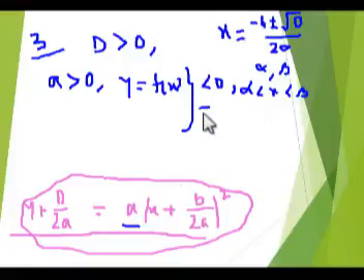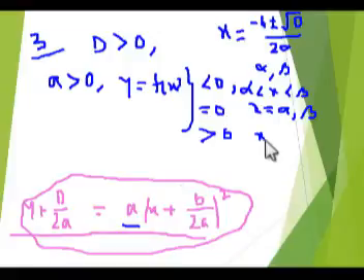It will be equal to 0 if x is equal to its roots alpha and beta, and greater than 0 if x is less than alpha and x is greater than beta.